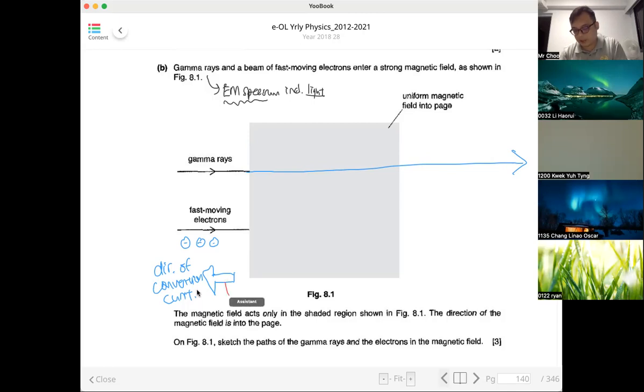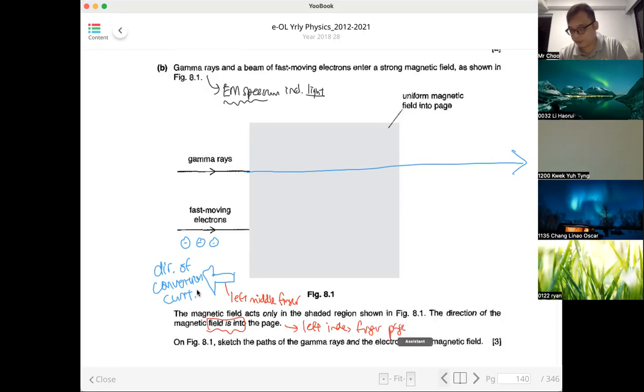So this is your left middle finger. Your strong magnetic field is into the page, so your left index finger is into the page.